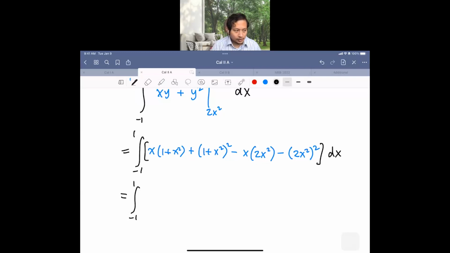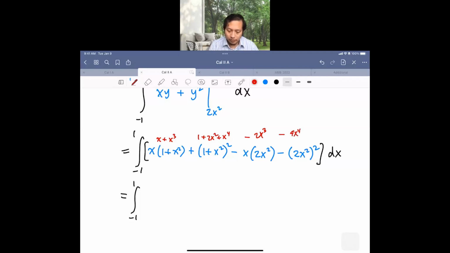So x plus x cubed, let me write all the things here to help. 1 plus 2x squared plus 2x cubed, so it's plus, this is minus, and minus 4x with power of 4.